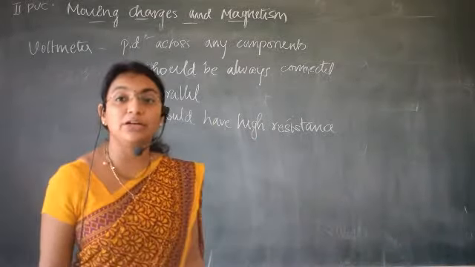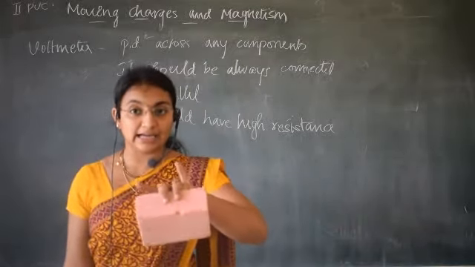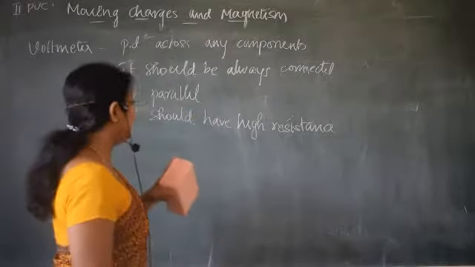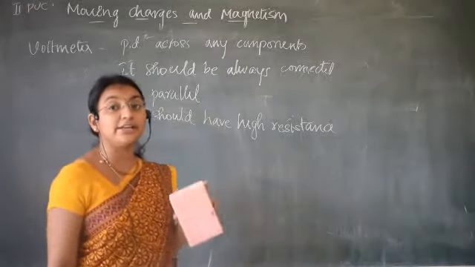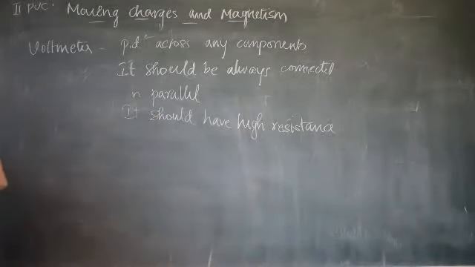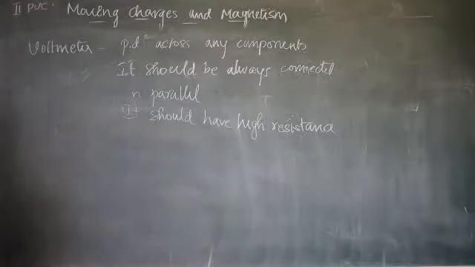What were the 3 points for the ammeter? The ammeter is a device used to measure current, it should always be connected in series, and it should have very low resistance. Whereas a voltmeter should be connected in parallel, it should have high resistance, and the potential difference across any component can be measured using the voltmeter.